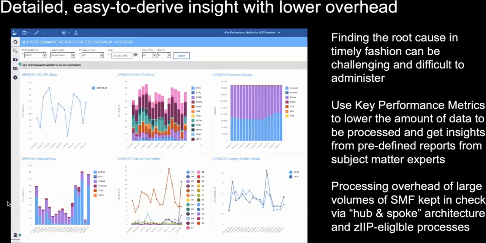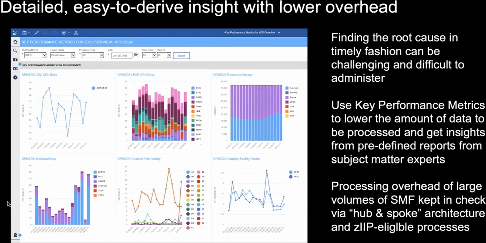The next part I was going to talk about is really around how to focus on the amount of SMF data that needs to be processed. It can be very difficult to find the root cause of a problem and administer the changes if you don't know where to start. And in a lot of cases, we see people who are collecting a lot of SMF data just to be on the safe side.